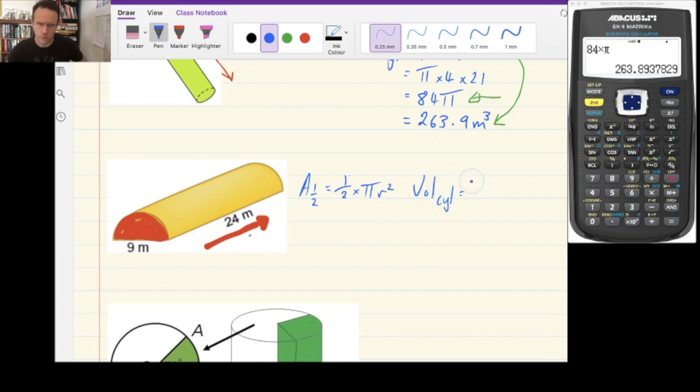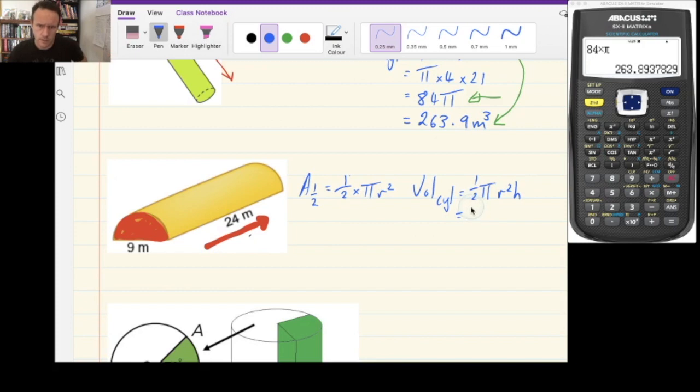is equal to 1/2 pi r squared times the height. We'll call it the height still, just for consistency. Height, length really doesn't mean anything different if you use the correct dimension.